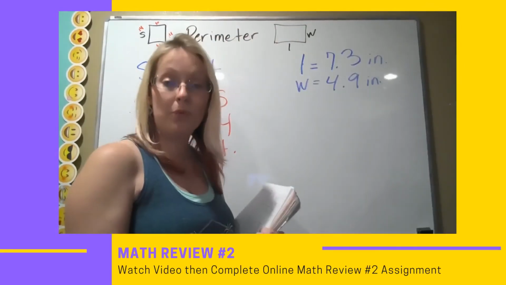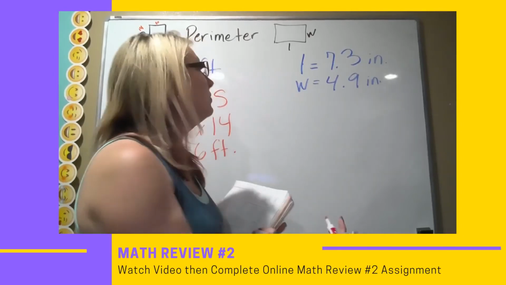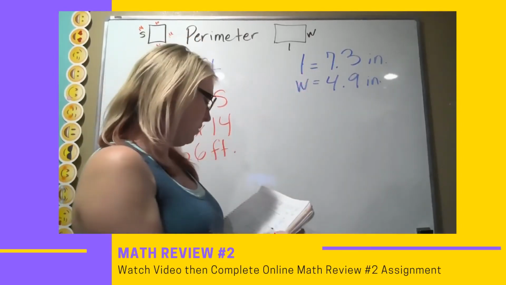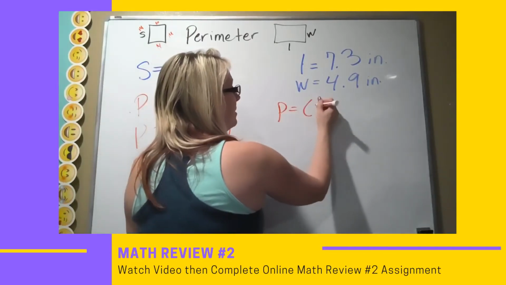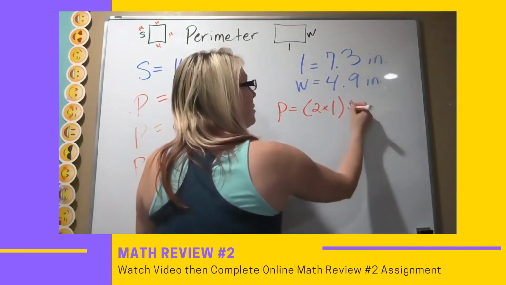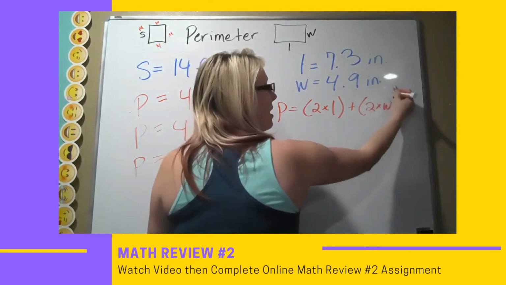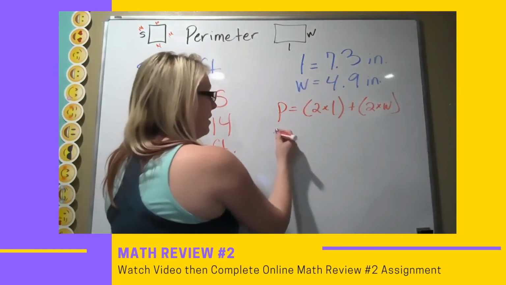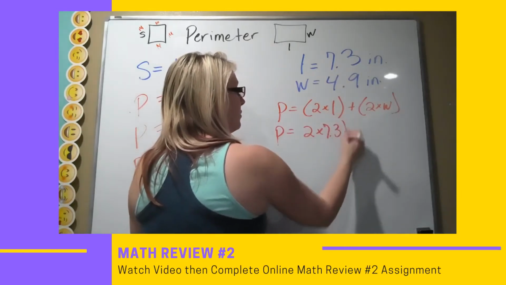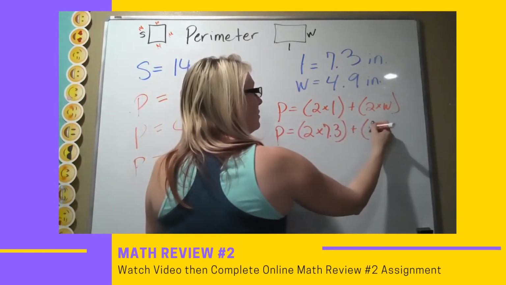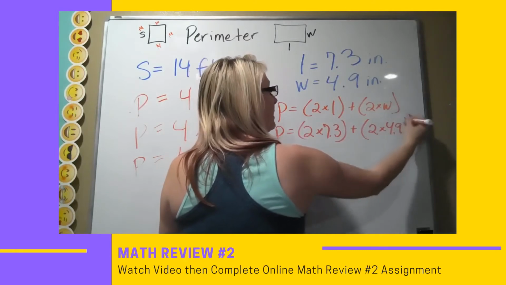Then we have the perimeter of our rectangle. Now here we have our length and our width. So don't forget our equation. P equals 2 times length plus 2 times width. So we have to fill that in. P equals 2 times 7.3 plus 2 times 4.9.